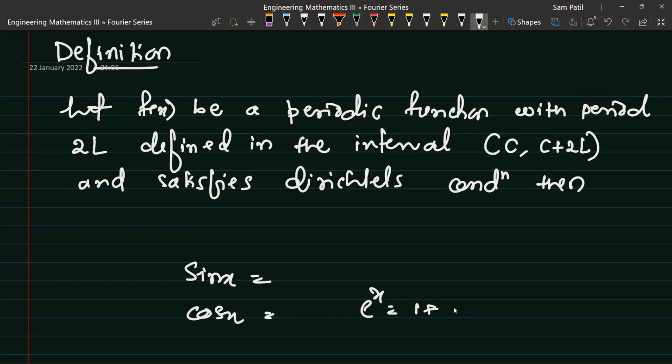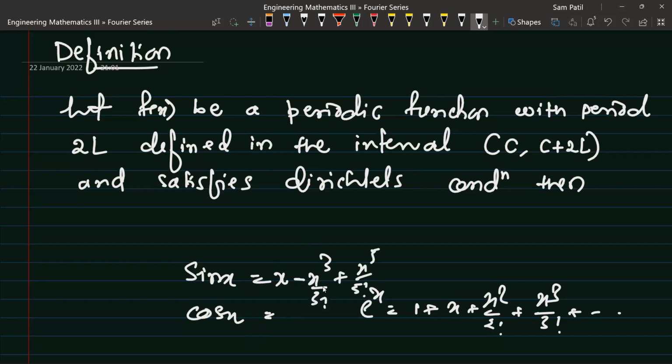It is 1 plus x plus x square by 2 factorial plus x cube by 3 factorial, and so on. And from this we can also take the series of sin x and cos x. All the even powers are there in cos, and all the odd powers are there in sin. So sin x is x minus x cube upon 3 factorial plus x to the 5 upon 5 factorial and so on.